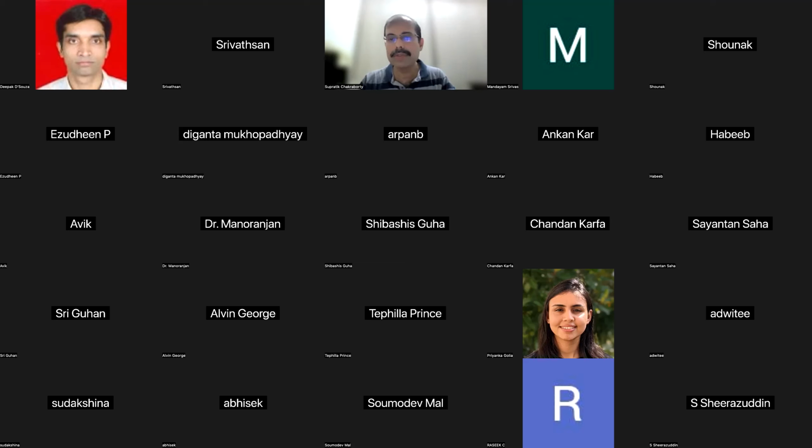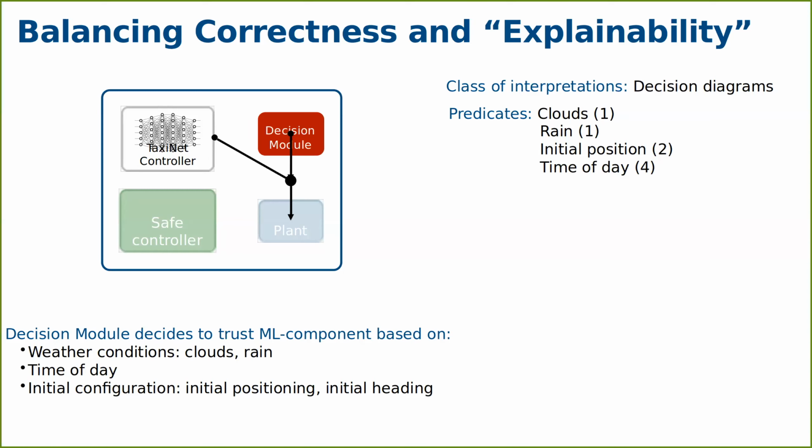So no, I see what you're saying. The point is, the safe controller, whether it is given or not, it of course matters for the whole system, but for us, we just want to figure out what this decision module is doing. We don't get to see the insides of any of these boxes.